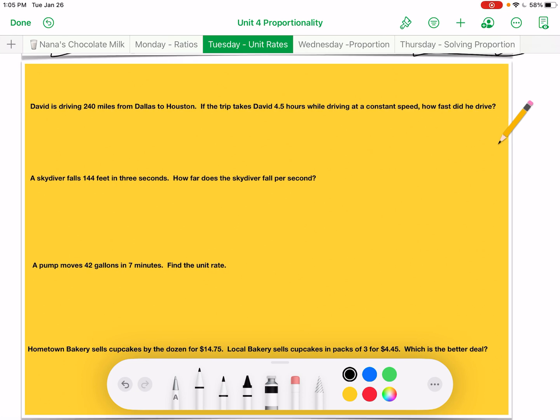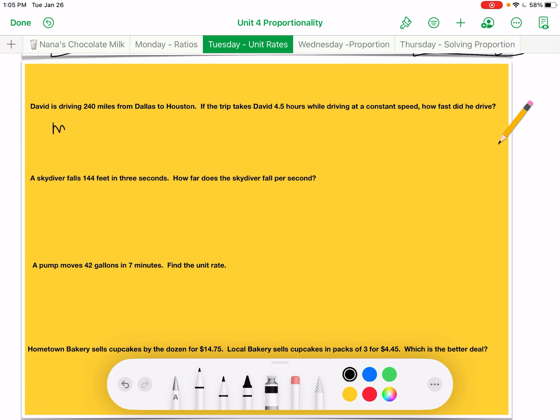Now you have word problems. Think about y'all that have traveled before. David is driving 240 miles to Dallas. If the trip takes him 4.5 hours while he's driving, how fast did he drive? So here we're figuring out how much per hour.